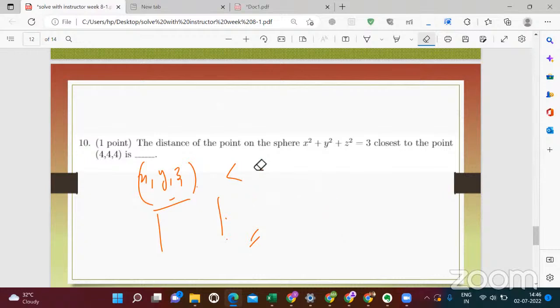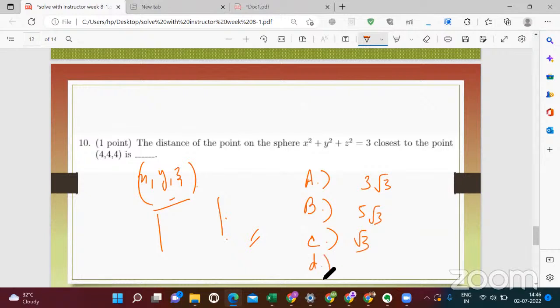So square root of 27, like 3 root 3. Okay, I'll give you the options. A is 3 root 3. B, 5 root 3. C is root 3. D is root 11.